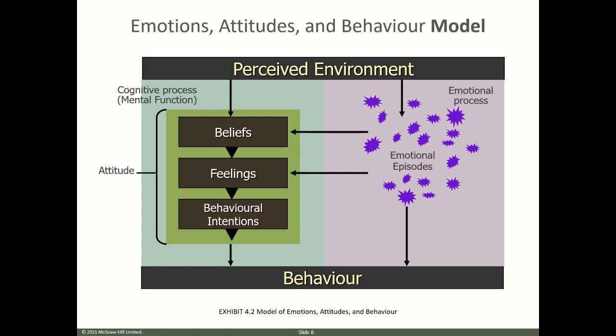Cognitive process means we evaluate something, that is the mental function. I can give you one example of the cognitive process. For example, you go to Costco and you are looking for a particular fruit, right?